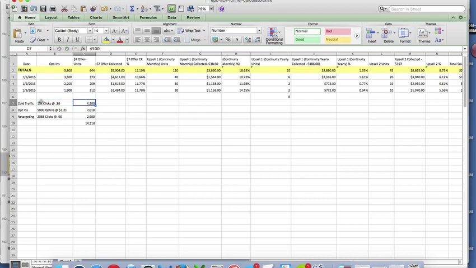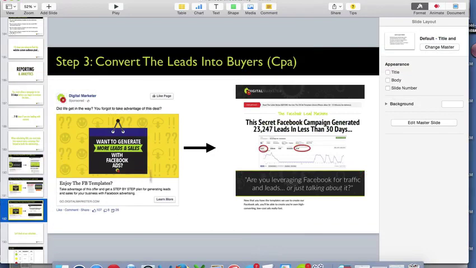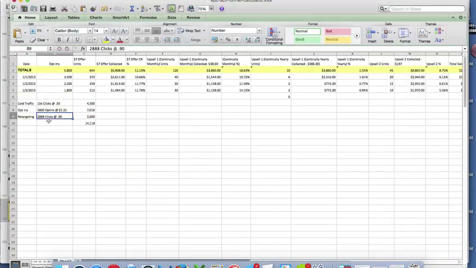Great. So then we spent $1.21 on 5,800 opt-ins. So that was a little bit over $7,000. We then, through retargeting, for example, asking people who opted in to go back to the sales page, we sent a little under 3,000 clicks at 90 cents a piece.